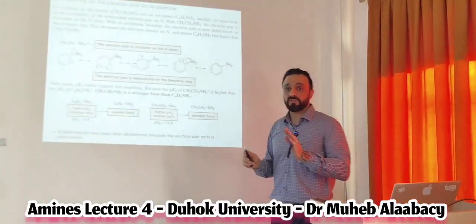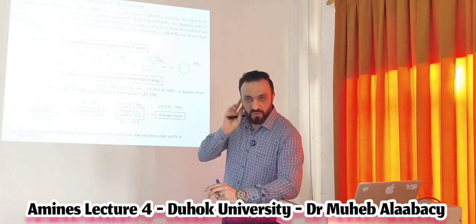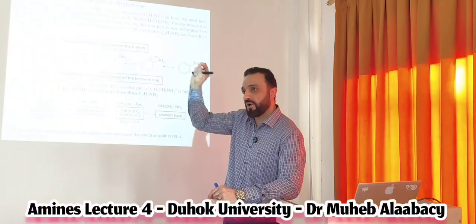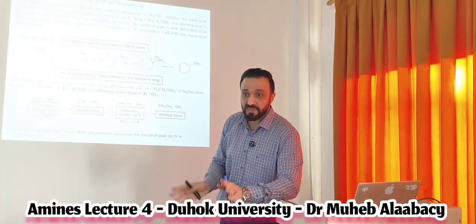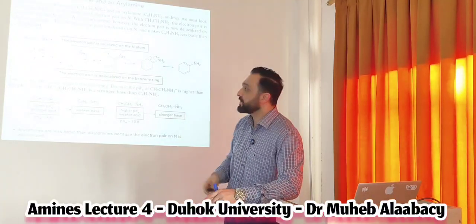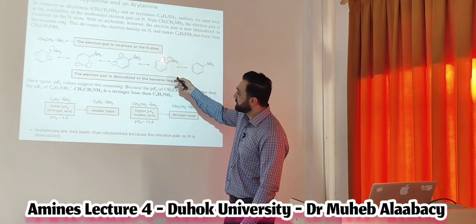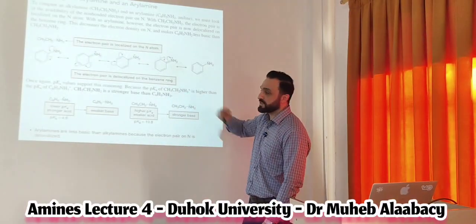This is an important note when you write the resonance structures in your exam. Keep in mind the negative charge of the carbanion will be at ortho, para, ortho. Don't write a negative charge on the meta position. It will be wrong. So negative charge here: ortho, para, ortho. Look, ortho, para, ortho carbanion, three resonance structures.